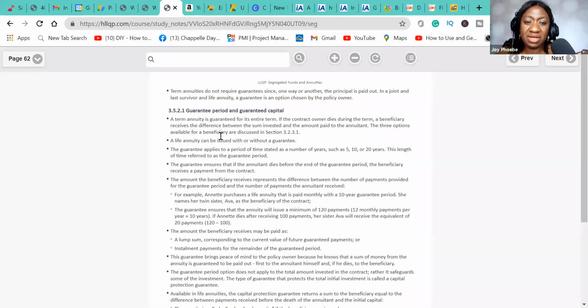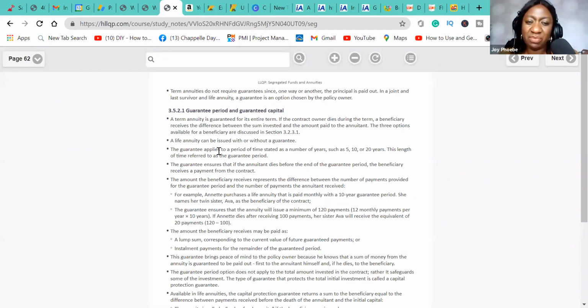Now, guaranteed period and guaranteed capital. A term annuity is guaranteed for its entire term. If the contract owner dies during the term, a beneficiary receives the difference between the sum invested and the amount paid to the annuitant.